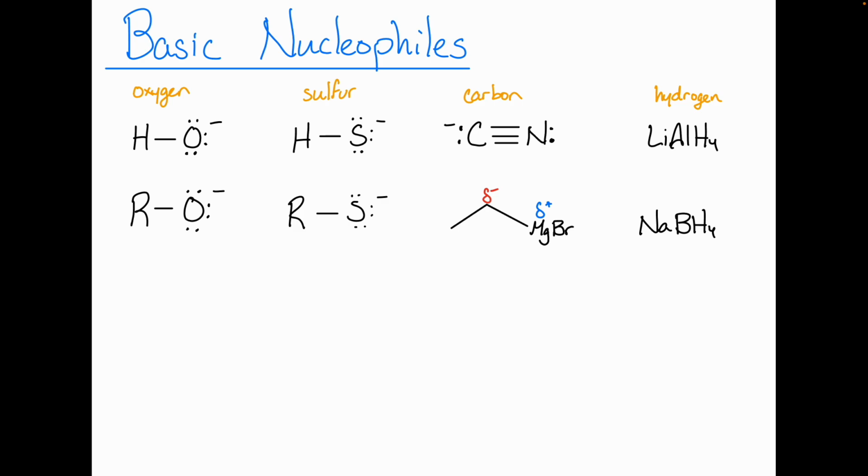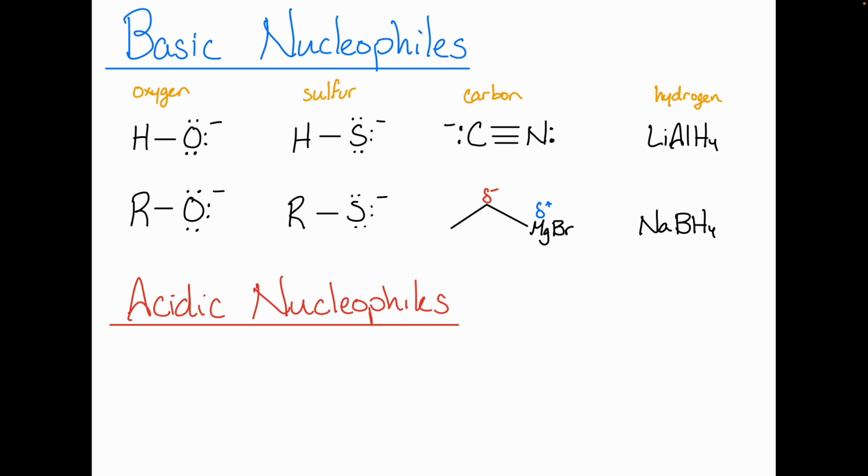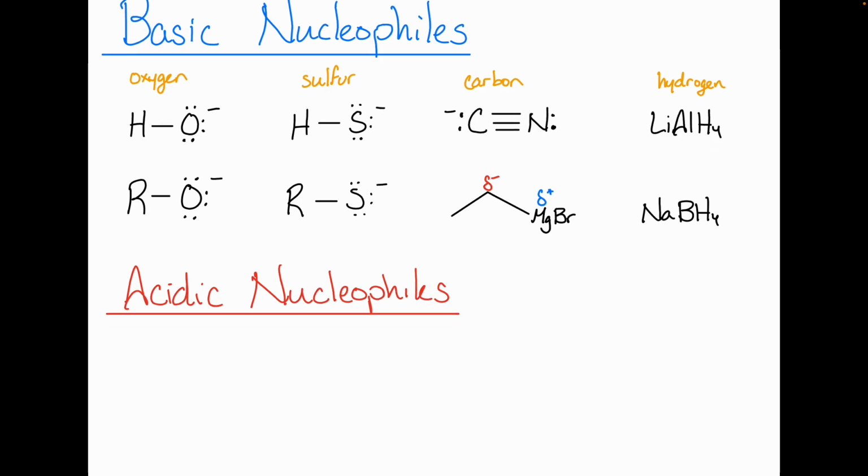A few of these we can also use under acidic conditions. These nucleophiles aren't as strong of nucleophiles, but when we use acidic conditions, we're going to see that we turn our aldehyde or ketone into an even better electrophile, so we can get away with using these weaker nucleophiles.